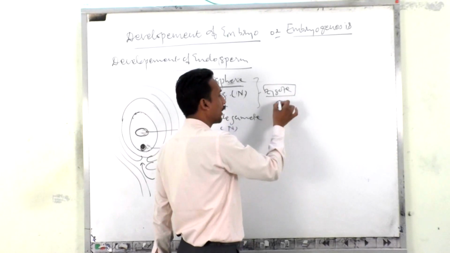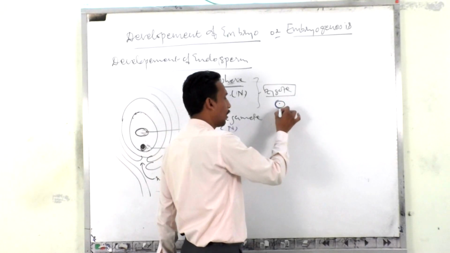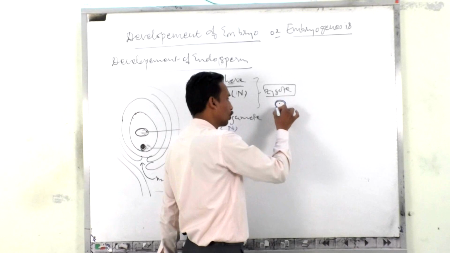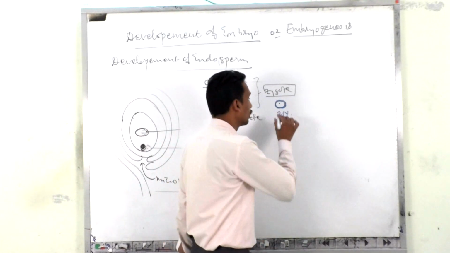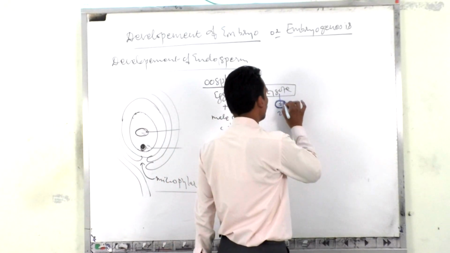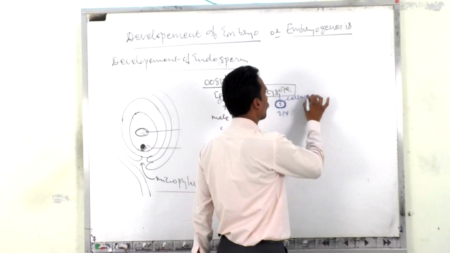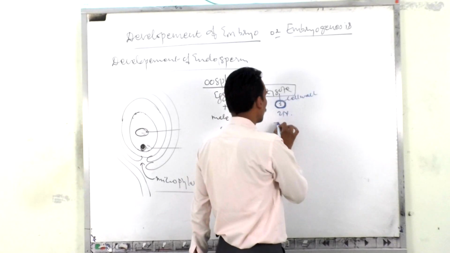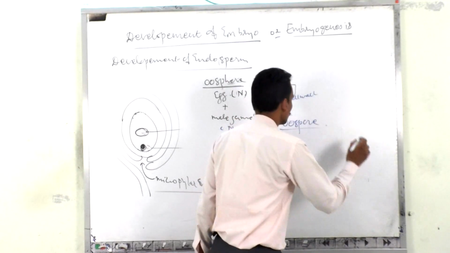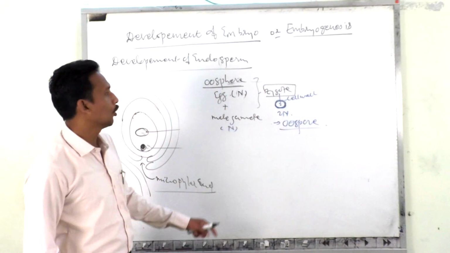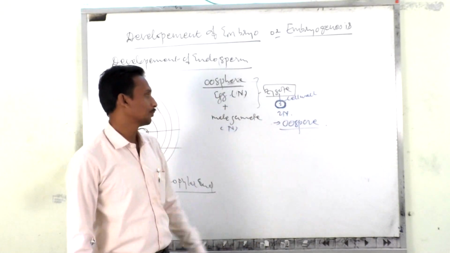Over that zygote there is a formation of a cell wall. So this one is the cell wall that arises over the zygote. This one is the zygote and this is the cell wall produced over it, that we call the oospore. अब ये हो गया हमारा oospore.